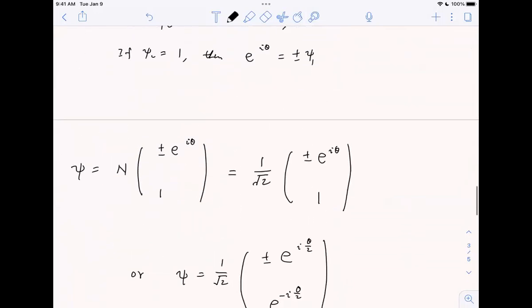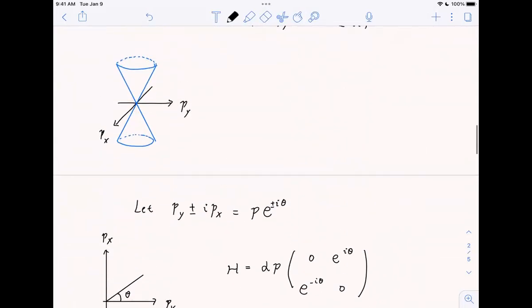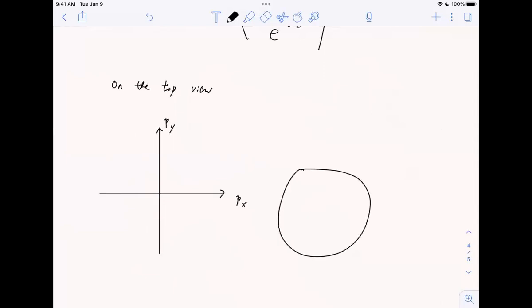Let me see, x, y. So let's draw in a normal coordinate. Okay, just the normal orientation of the axes. Let me make it longer. Okay, px, py, and then let's draw a circle.